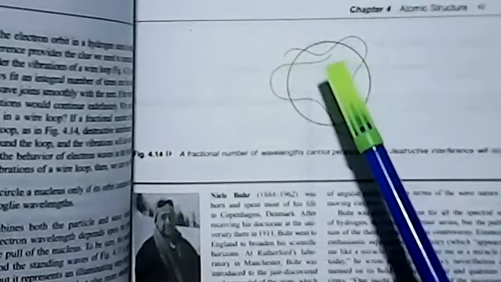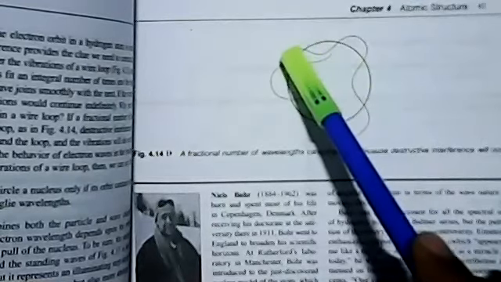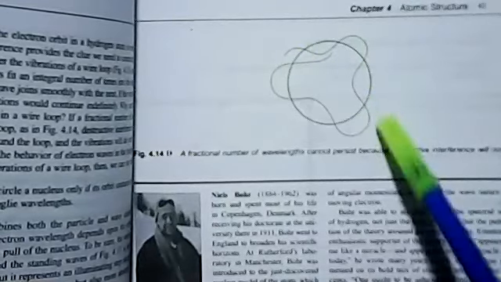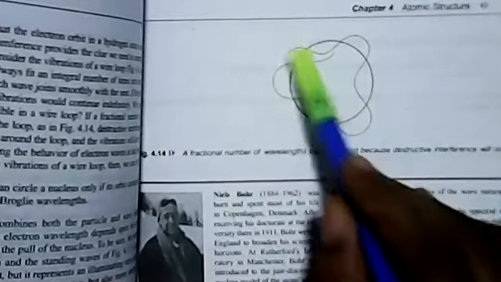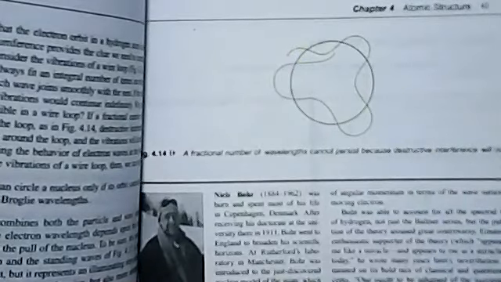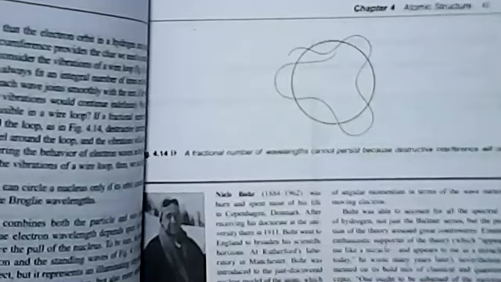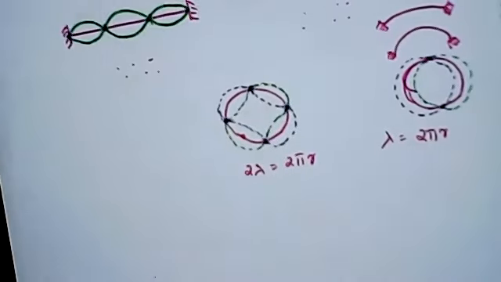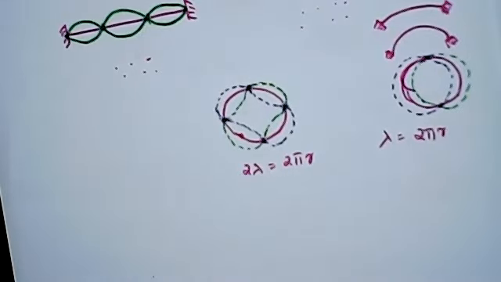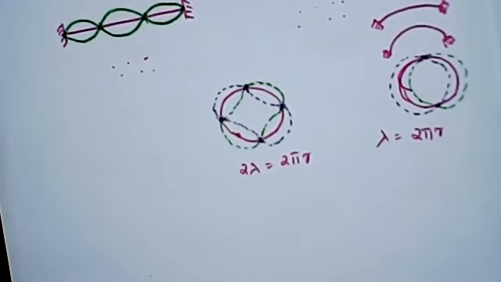The points of the de Broglie wave should match at the connecting points. Here it is not matching, so this is not allowed. So fractional numbers of wavelengths are not allowed. Only lambda, 2 lambda, like that.